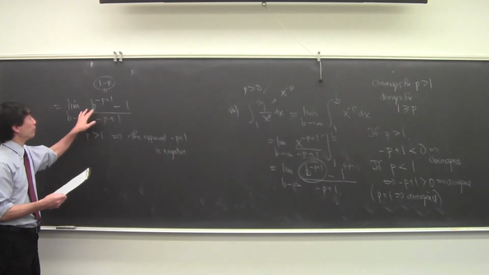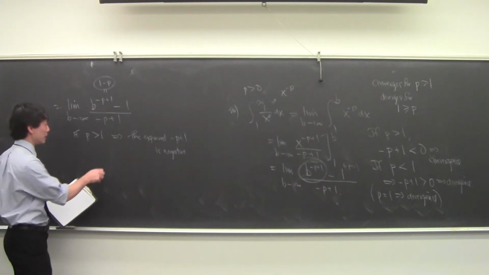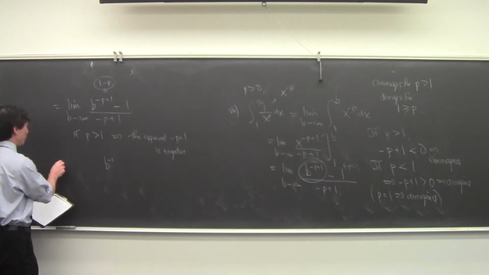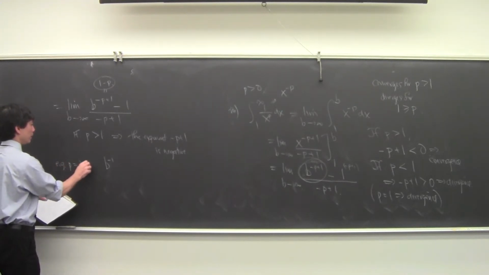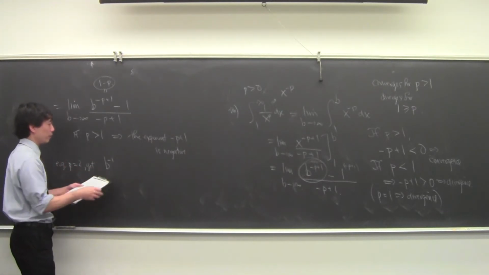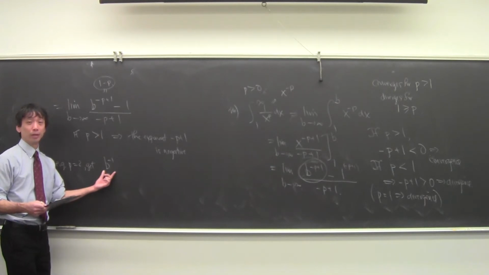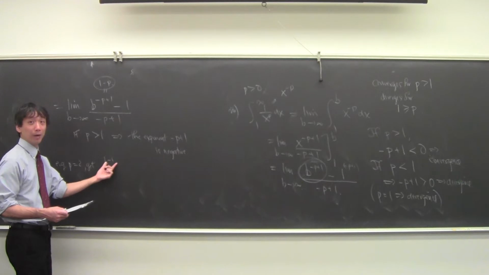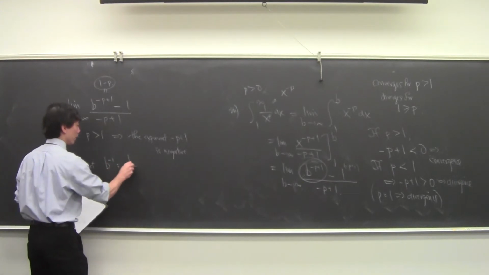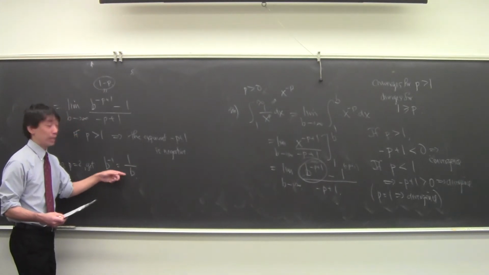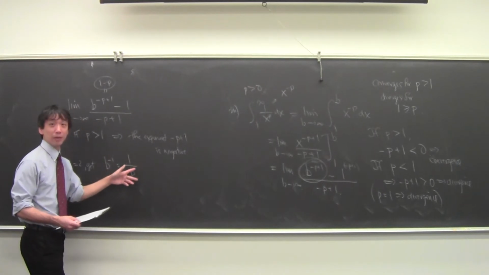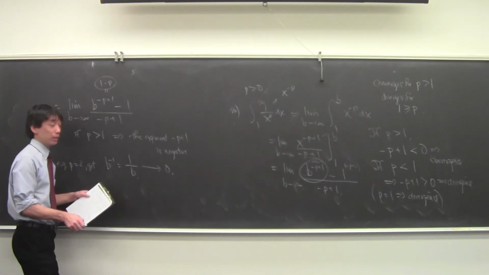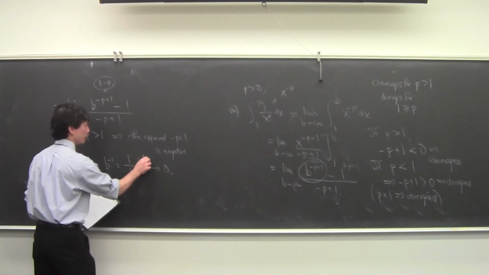So you get b to some negative exponent. As b goes to infinity, you've got b to a negative power, and that's just going to vanish. That becomes 0 as b goes up to infinity.